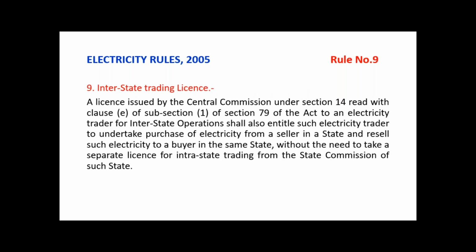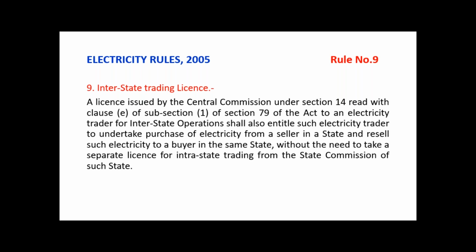Then rule number 9 is related to the interstate trading license. A license issued by the Central Commission under section 14 read with clause E of subsection 1 of section 79 of the Act is for the trader for interstate operations.